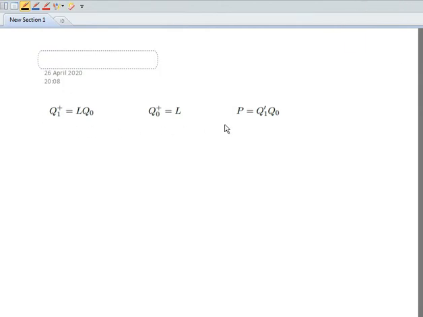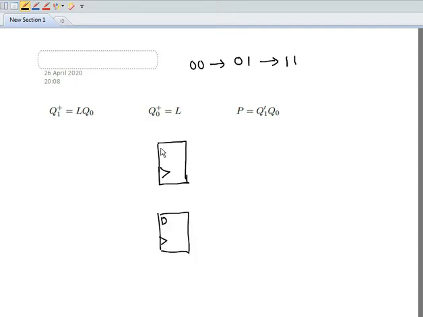So once you have these equations, you can draw your schematics already. Remember, you are going to move from 0, 0 to 0, 1 to 1, 1, right? So how many flip-flops do you need? You need 2 D flip-flops. So draw 2 D flip-flops. D, so Q1, Q0.